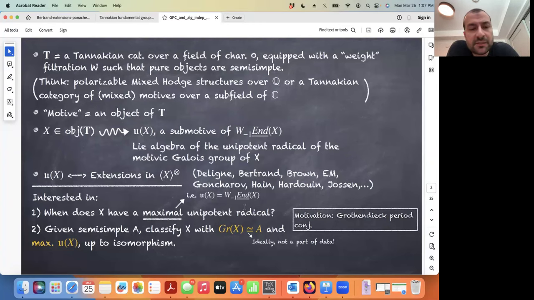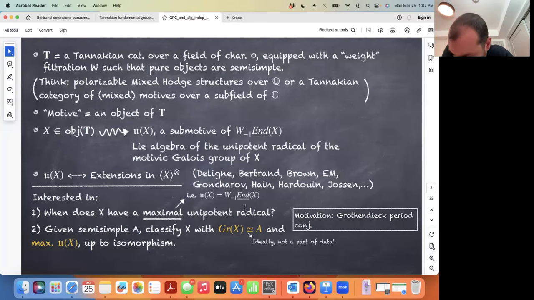The first question I'm interested in is: when does X have a maximal unipotent radical? I'm interested in these motives with maximal unipotent radicals because of Grothendieck's period conjecture.